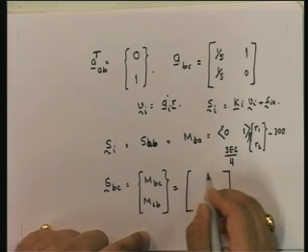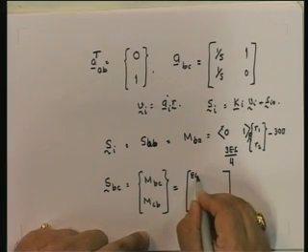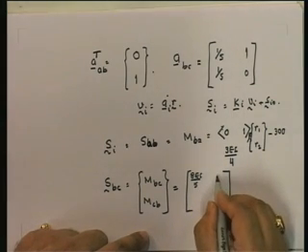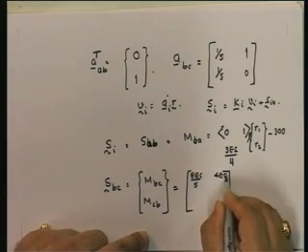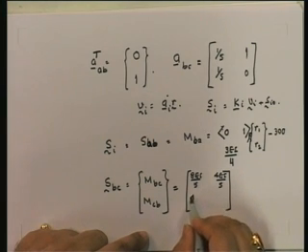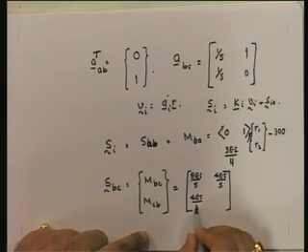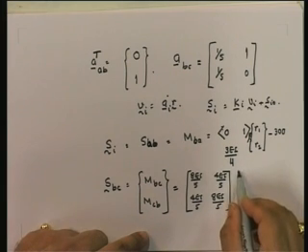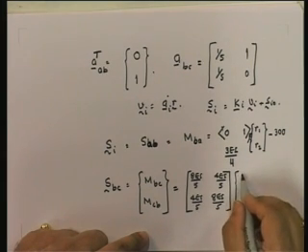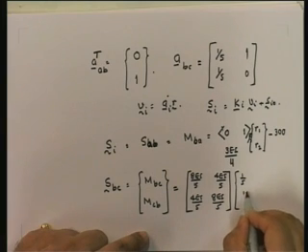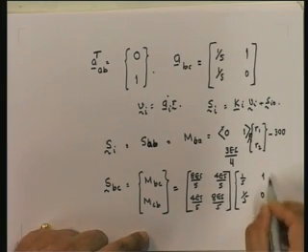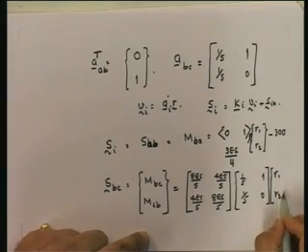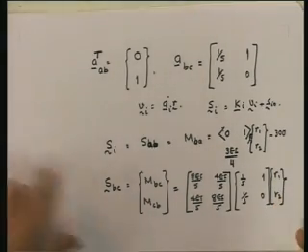Now EI is 2EI, so this is going to be 8EI upon 5 and 4EI by 5, 4EI by 5, 8EI by 5, into 1 upon 5, 1 upon 5, 1, 0, into R1, R2, and then plus 0.